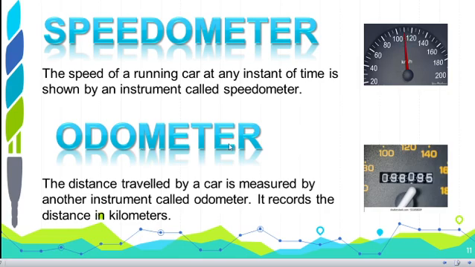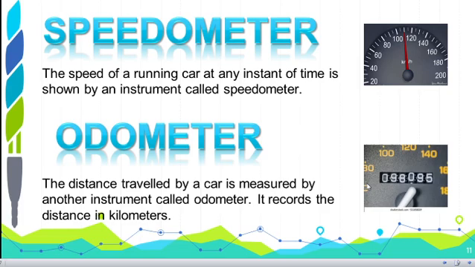Then another one is the odometer. What is an odometer? The distance traveled by a car is measured by another instrument called an odometer. It records the distance in kilometers. It is very important. Here you can observe the distance traveled. Suppose a vehicle starts from Pudukkottai and reaches Trichy.